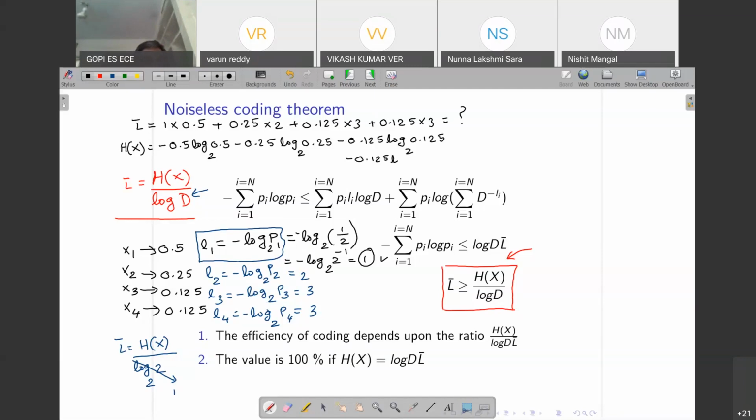Plus, I'm using plus now, 0.25 power minus 1, and then plus 0.125 power minus 1, and then finally you have 0.125 power minus 1. What is that 0.5 power minus 1? It is written as 1 by 2, right? 1 by 2 power minus 1 is nothing but 2 here.